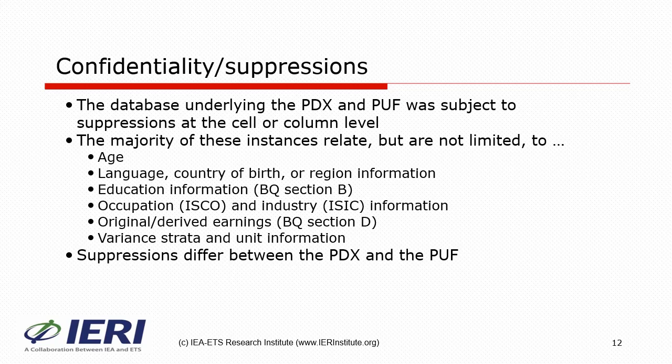The majority of these instances relate to, but are not limited to, age, language, country of birth, or region information, education information, occupation and industry information, original derived earnings, variance strata, and unit information. The suppressions differ between the PIAAC Data Explorer and the public user files. However, the main purpose of these suppressions was not to alter the results, but to protect the identity of those participating in the study.